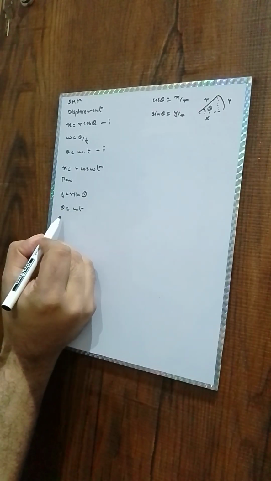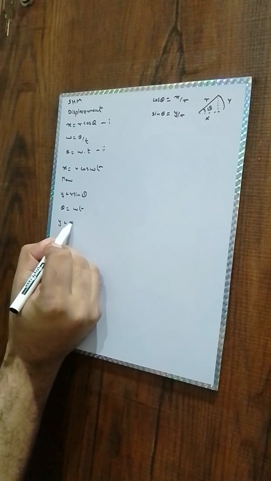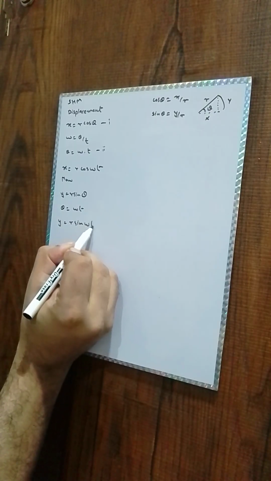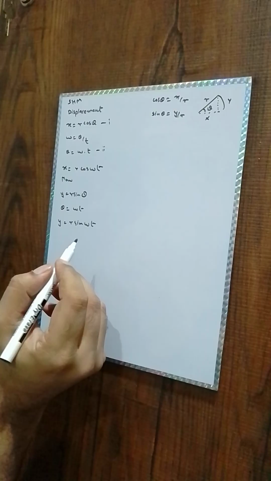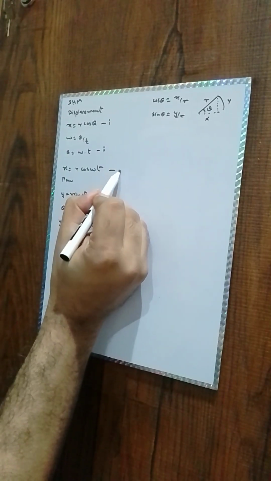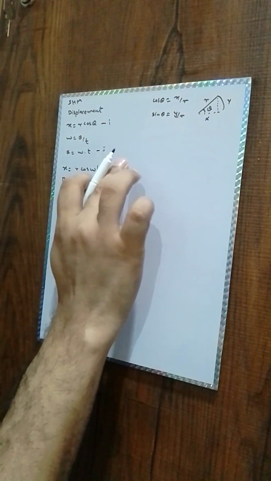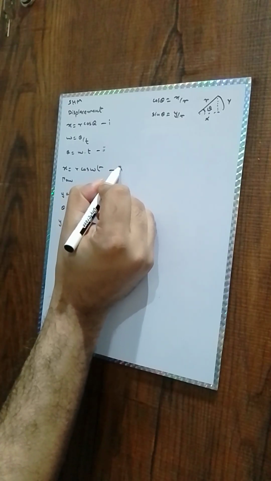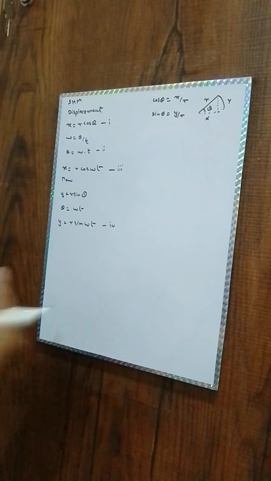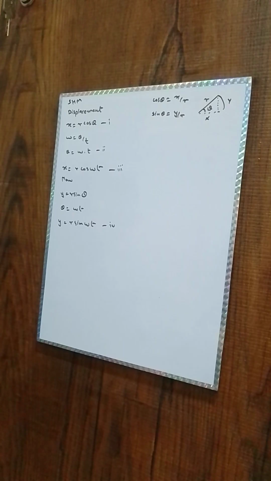Theta is equal to omega t, so y is equal to r sine omega t. So number 3 here is significant, and also number 4 here if somebody is comfortable with approximating on the vertical axis.